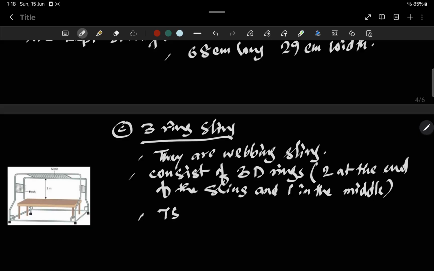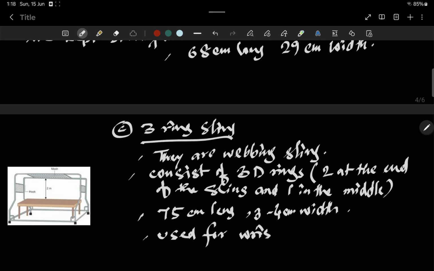It is 75 centimeter long and 3 to 4 centimeter width. It is used for wrist and ankle.